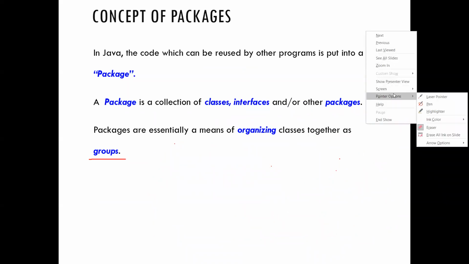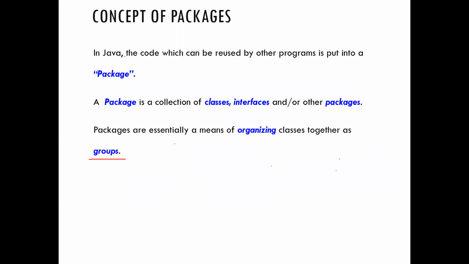For example, the code that I want to be reused by other programs is put into a package. This code is put not as the .java file but as the .class file. A package is a collection of classes, interfaces, and other packages. Remember, it's only classes and interfaces, meaning the .class files. Packages are essentially a means of organizing classes together as groups.